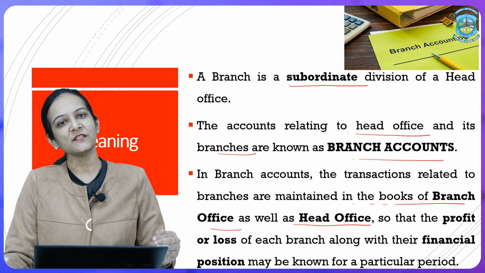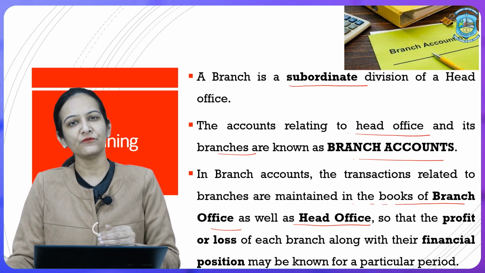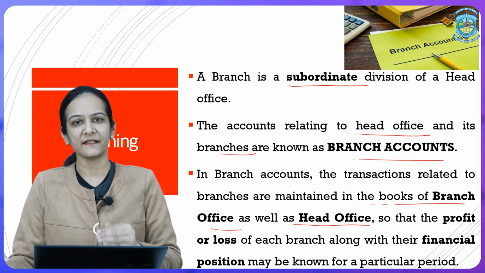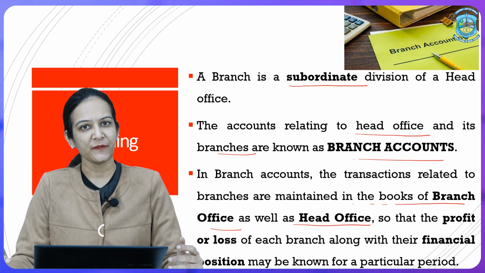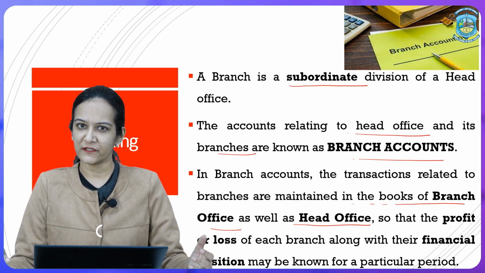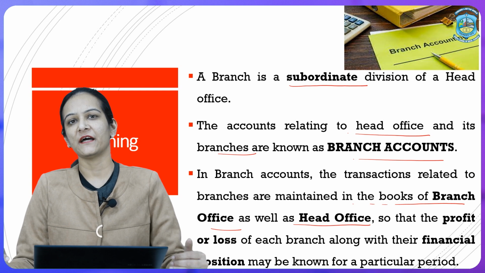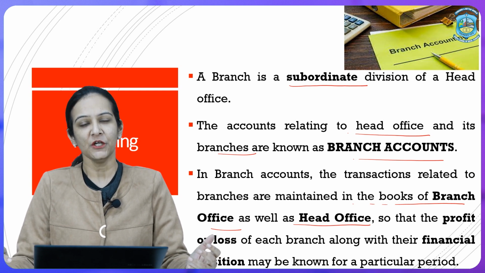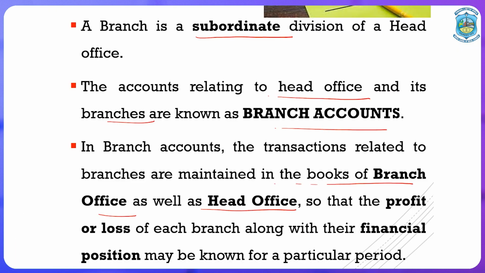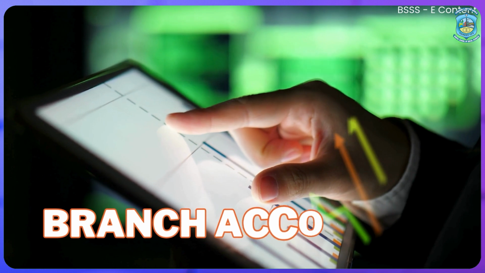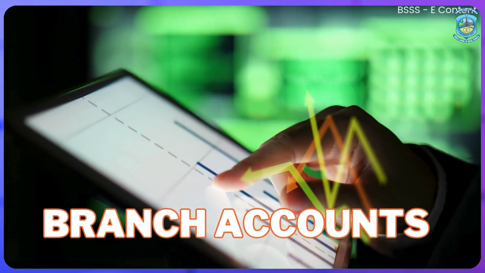So, the head office maintains a branch account for every single branch that it has. Like you may have the branch account for Gwalior branch, for Bhopal branch, and for Indore branch. When there is a need to calculate the profit and loss of each branch separately, the head office prepares the branch accounts.